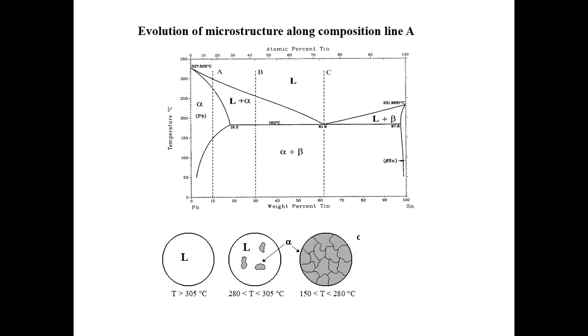Because the solubility of tin in this lead-rich alpha phase gets smaller and smaller, the solid solution in the alpha phase cannot hold a relatively large amount of tin atoms. So these tin atoms are going to get clustered together through diffusion, and they're going to come out as a separate phase, as precipitate in the system. That makes sense to everyone?